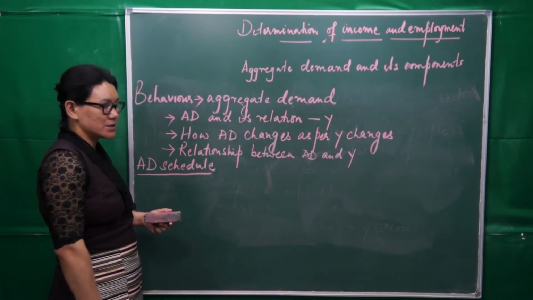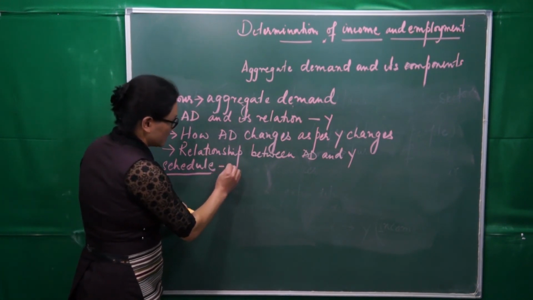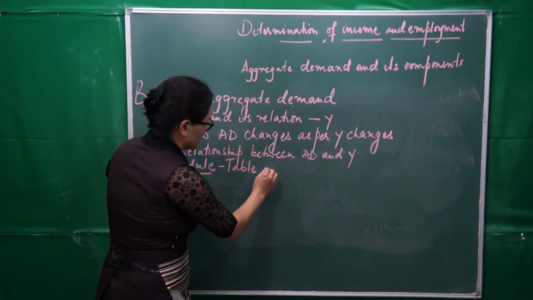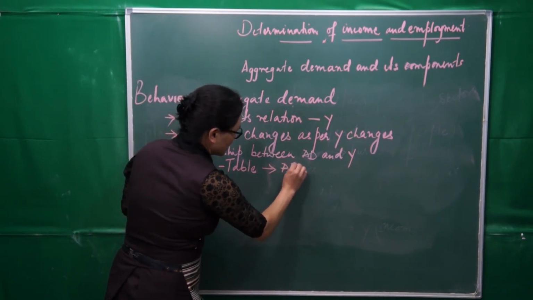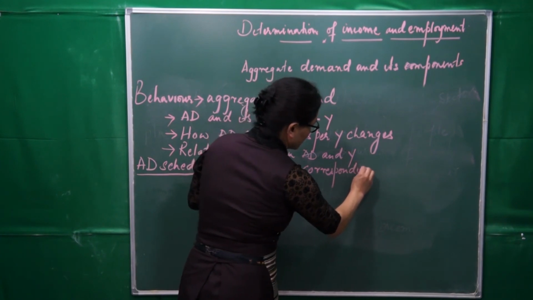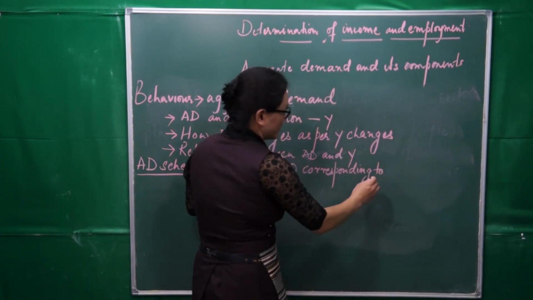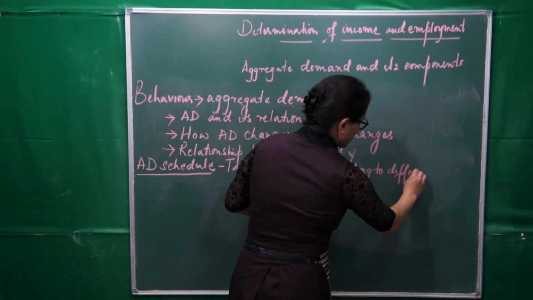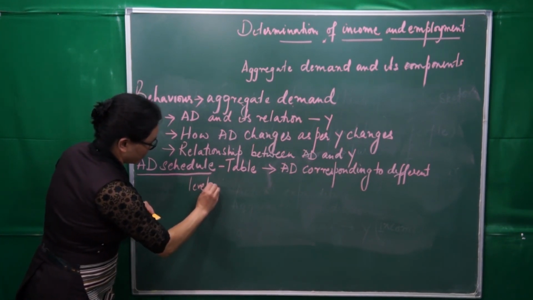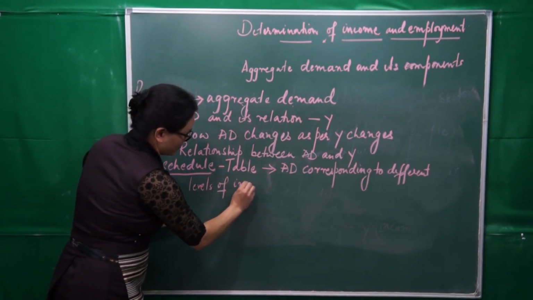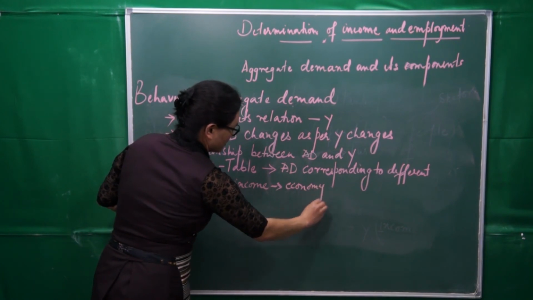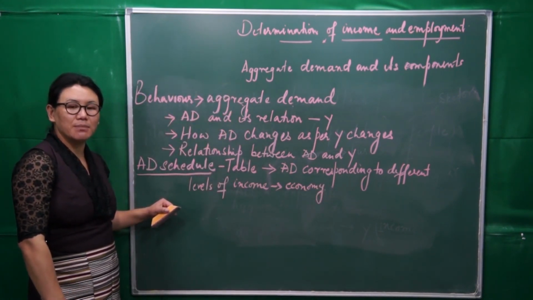So the meaning of aggregate demand schedule is: a table which shows AD corresponding to different levels of income in an economy is called aggregate demand schedule.